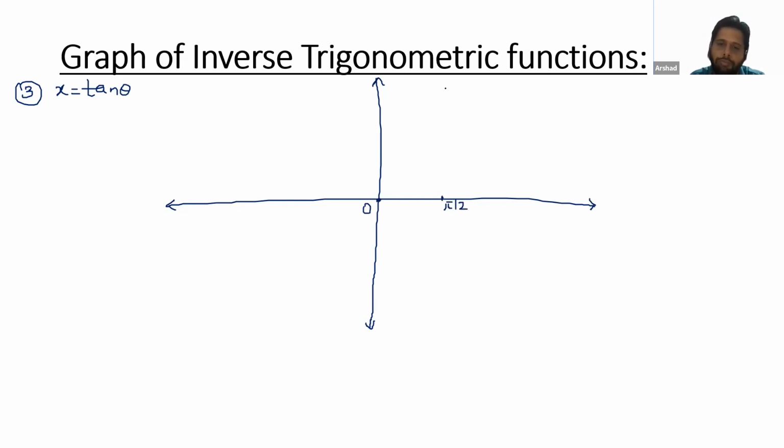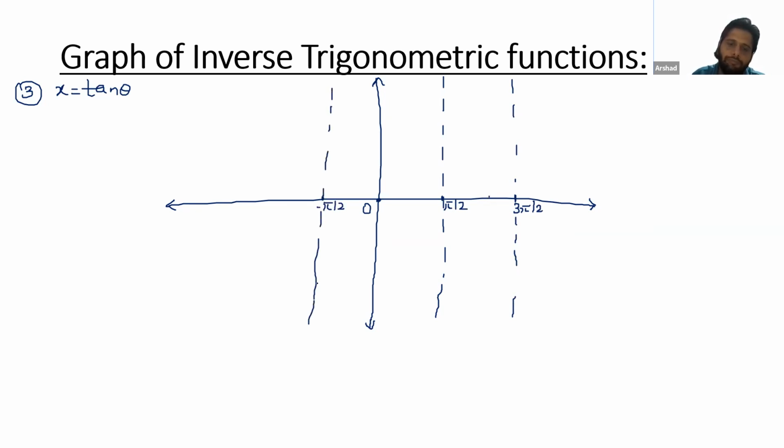Yes, Fahad, you need to remember, but I will give you a hint to retain these formulas. Then 0 to pi by 2. Here you have 3 pi by 2. Here you have minus pi by 2. And here you have minus 3 pi by 2. Okay. We need to draw the graph of this.